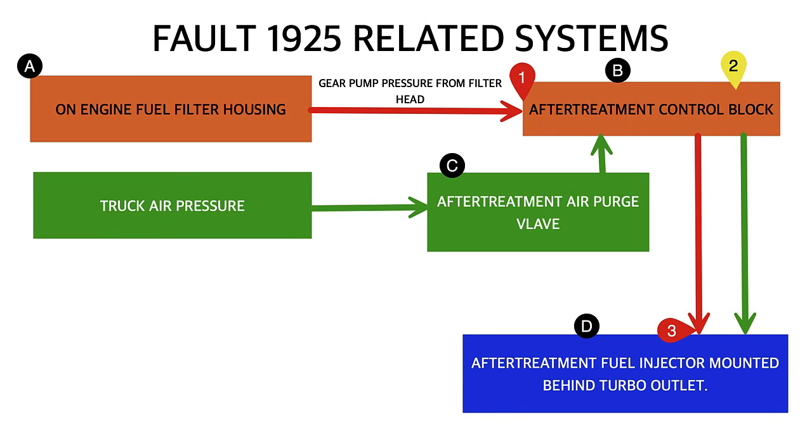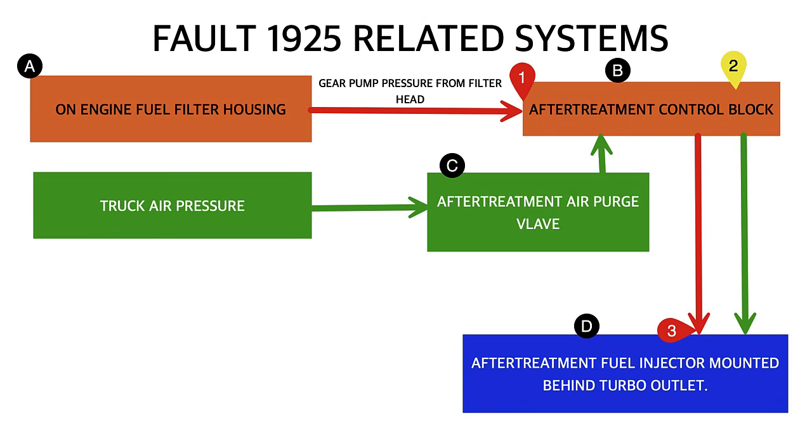If the pressure is 0, then it turns number 1 on to let fuel pressure in there. The fuel pressure would then go, the red arrow going vertically down to the after-treatment fuel injector mounted behind the turbo. The ECM would turn number 3 on, which is the injector pulse fuel out.